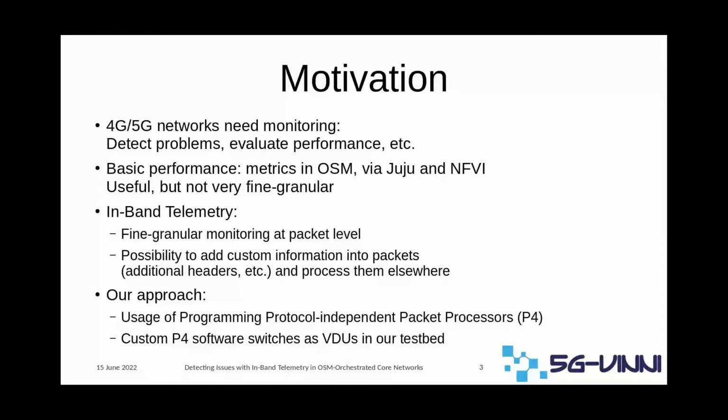So we need more fine-granular telemetry, and the idea is to use in-band telemetry, that is, use information inside the packets to get telemetry information. For this, we need features to add statistics information to packets, to process this information, and finally to remove it again when the packet leaves the network. The idea is to use P4, programming protocol independent packet processors, which is a standard for programming network devices, particularly switches.